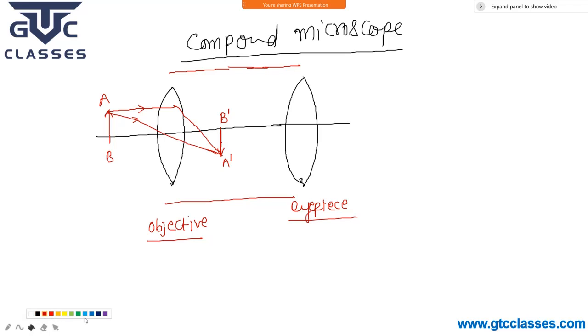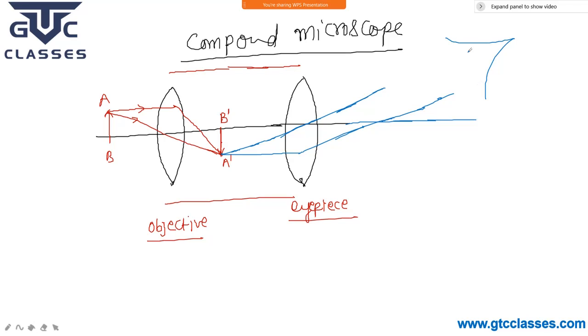Again the rays start going. From here one ray will be parallel, and after refraction it will pass through the focus like this. Another ray will pass through this. Now if you join them, and here is our eye, we will see from the other side of the lens.